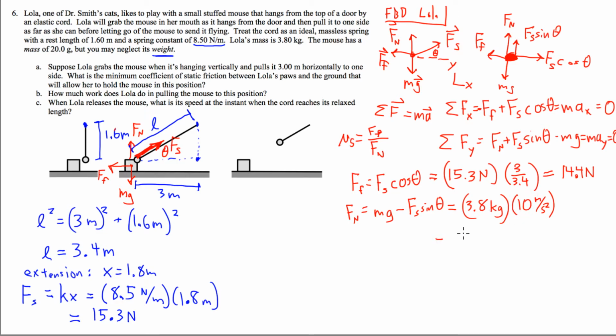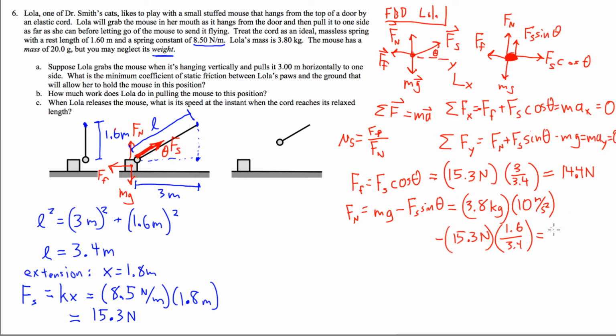And then minus 15.3 newtons times the sine of theta, which is 1.6 over 3.4. So 4.8 times 1.6 is 7.68.